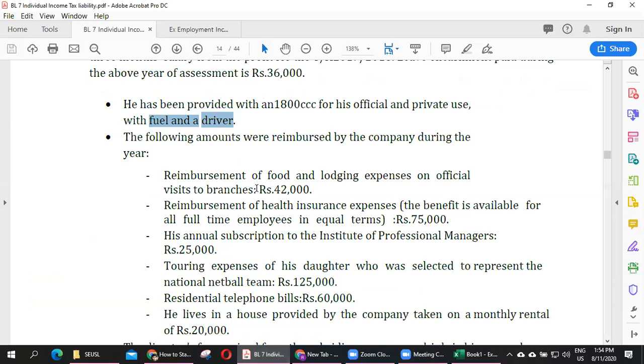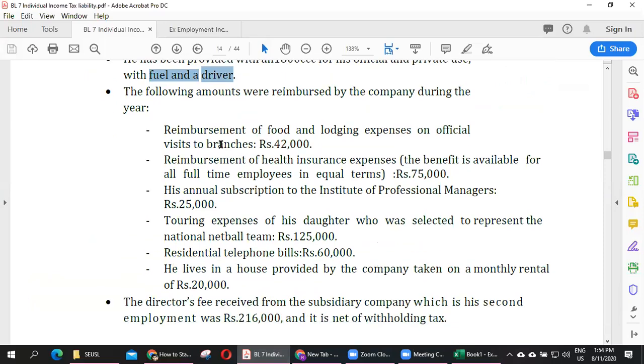And the following amounts were reimbursed by the company during the year. Reimbursement of food and lodging expenses on official visit, 42,000. Was it incurred for his personal benefit or office purpose?